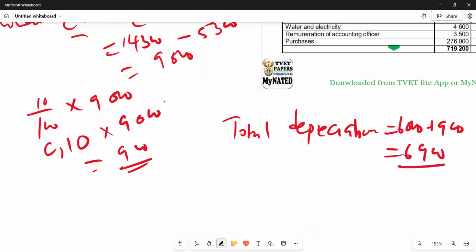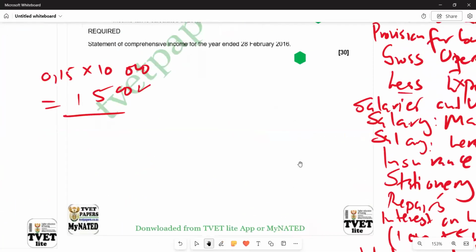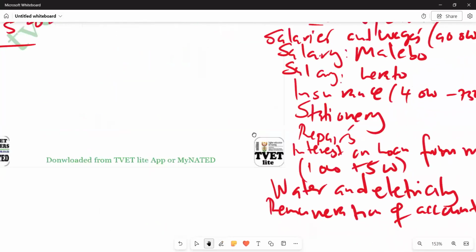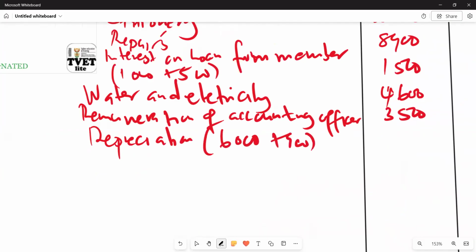So this is the depreciation that we're going to put in the statement of profit and loss. So we come here. We are saying depreciation, 6,000 plus 900. Thereby you get 6,900. So this is what we have.